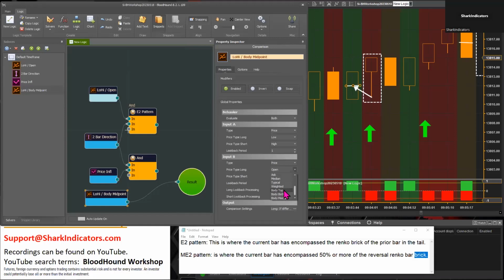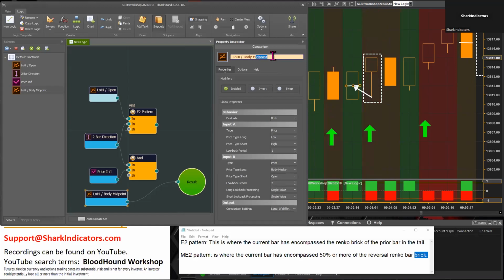So the body top. It doesn't matter the direction of the bar, it's whatever the top of the body is. Sometimes the top is the close, sometimes the top of the body is the open. Whatever the top is, it doesn't matter. And then we also have this median, which we call median, but that'd be the midpoint as well.